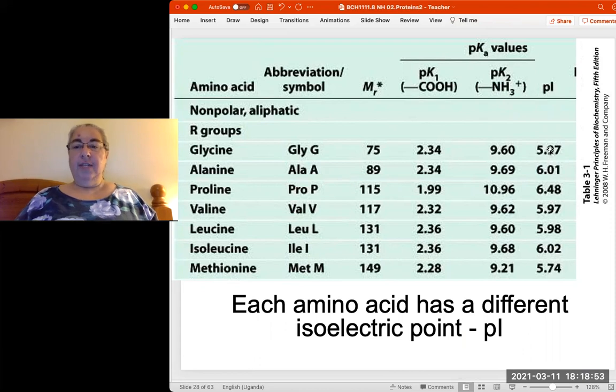And again, you can see that the pI falls in between pK1 and pK2, but it's slightly different for each amino acid. So we're starting to see that these values are different for the different amino acids. So measuring these characteristics of amino acids is one way of identifying which amino acids are present in a solution.